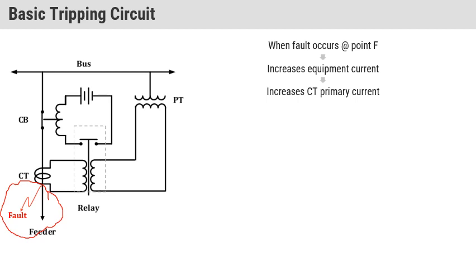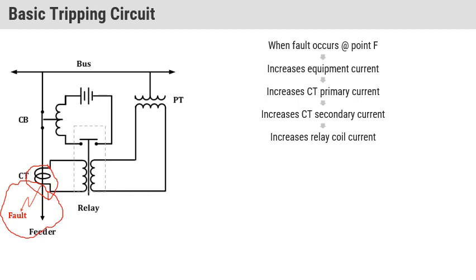If the CT primary current increases, it will increase the CT secondary current. Due to the increment in the CT secondary current, it will increase the relay coil current. Here you can see that this is the relay.